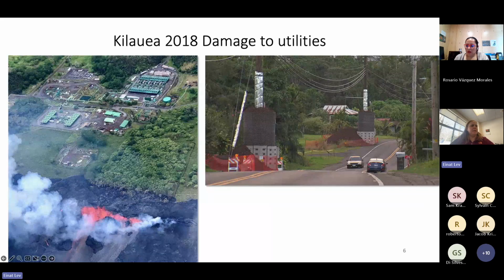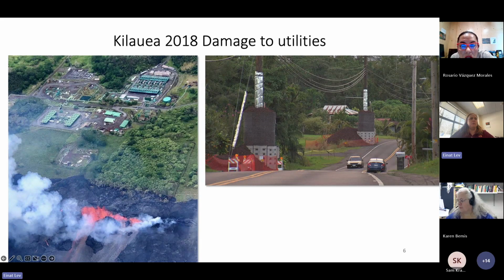This is the picture of that power plant, you see how close the flow got to the critical facilities. This is a picture of the power line poles and how they were trying to insulate them from the lava to slow down how quickly they would collapse and cut power.